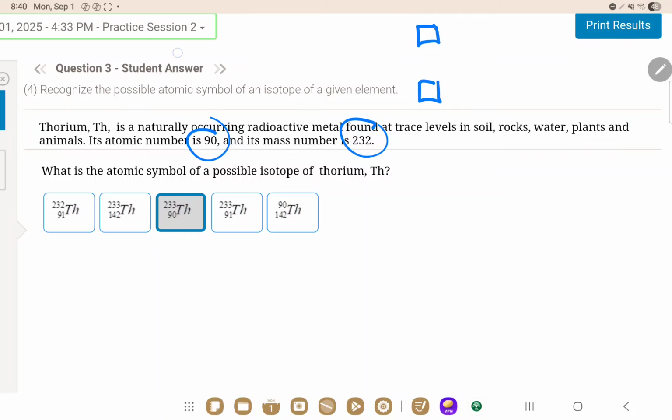It's mass number A and atomic number Z. Yeah, that's right, my bad, guys. So we know that always mass number A is up, atomic number Z is down. So the mass number, which is 232, is up, and the atomic number Z is down, 90. And then you just write thorium, Th. So this is the correct option. Moving on.